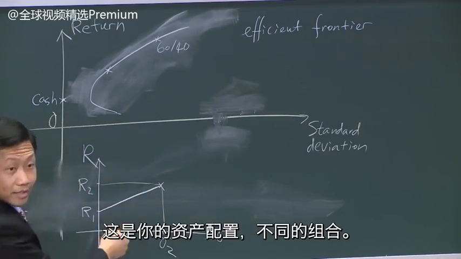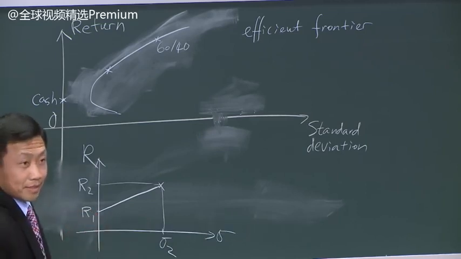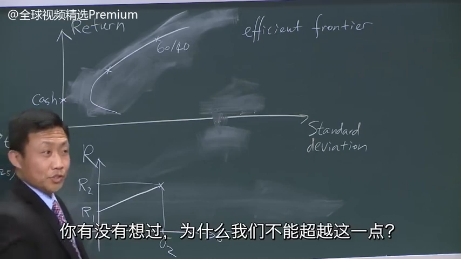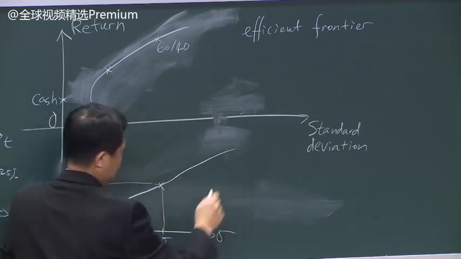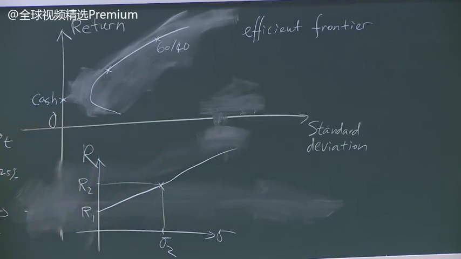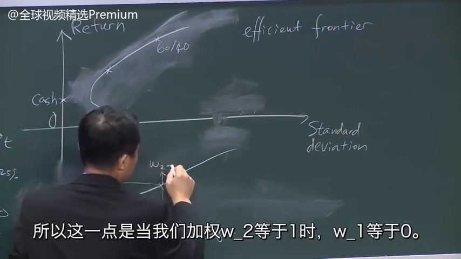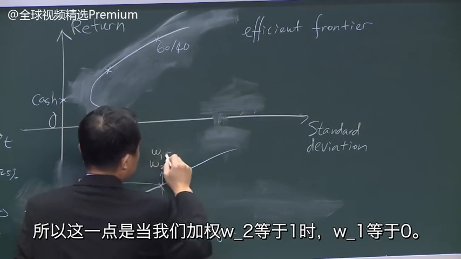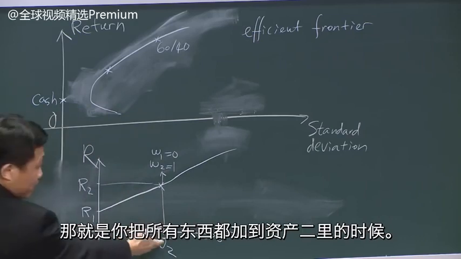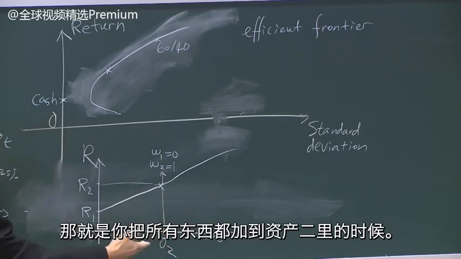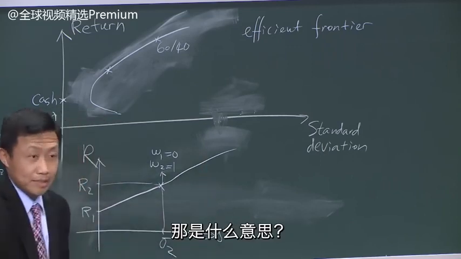That's your asset allocation, different combinations. Did it occur to you, why can't we go beyond this point? So this point is when we weight W2 equal to 1, W1 equal to 0. That's when you weight everything into asset 2. But what if you go beyond that? What does that mean?